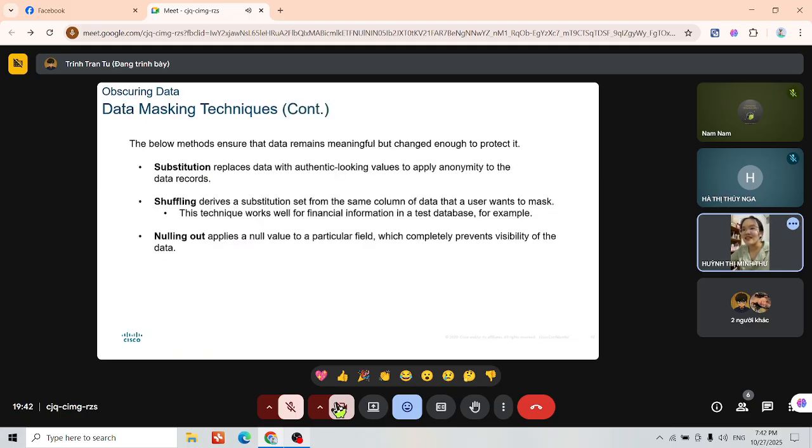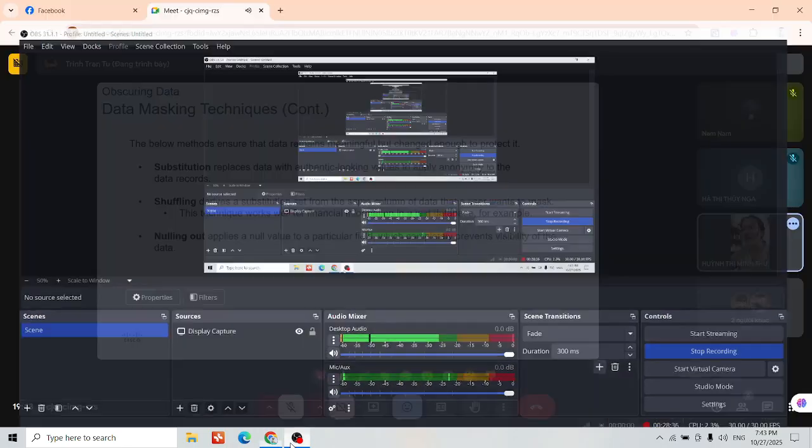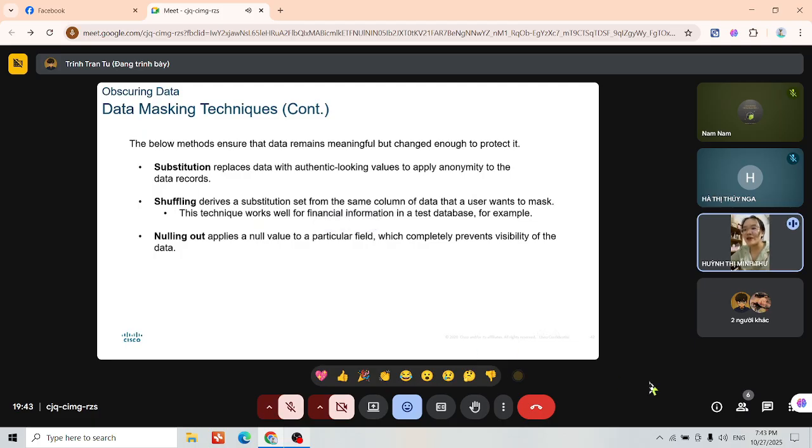And the next slide. The methods below ensure that data remains meaningful but changed enough to protect it. The first, substitution, replaces data with authentic looking values to apply anonymity to the data record.